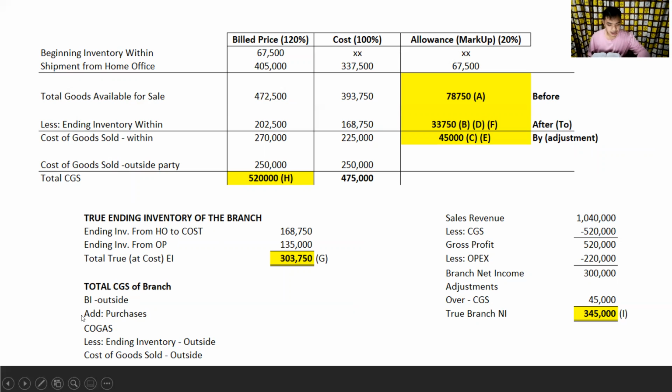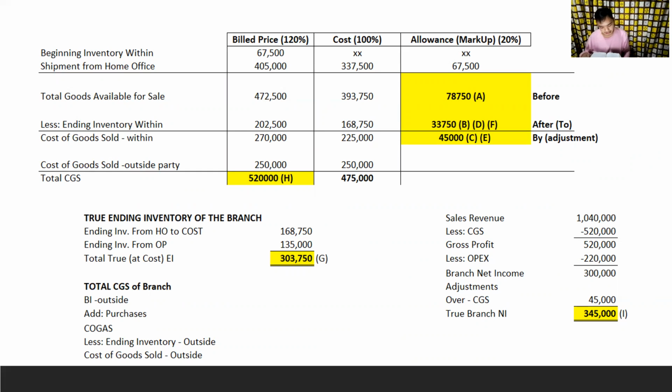Plus purchase. How much is the purchase? You got 317,500. So in the Makati branch, purchase merchandise costing 317,500. You also have cost of goods available for sale. You add 67,500 plus 317,500, you will get 385,000.